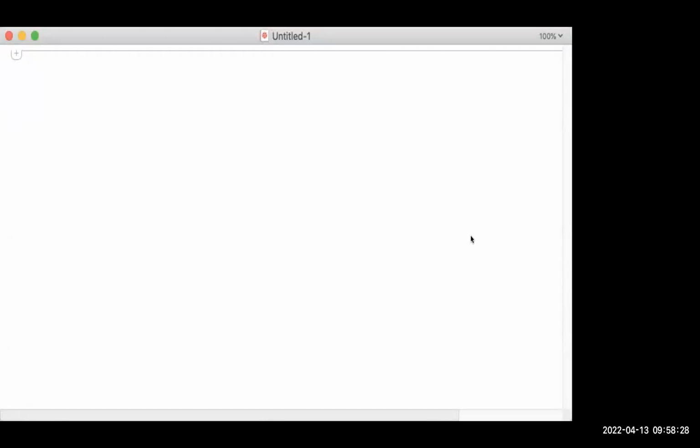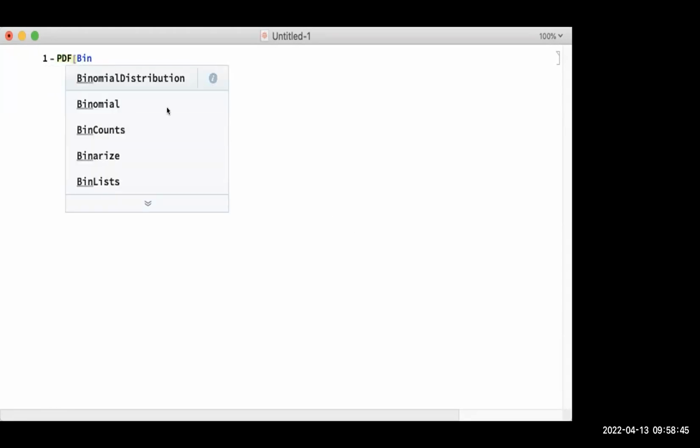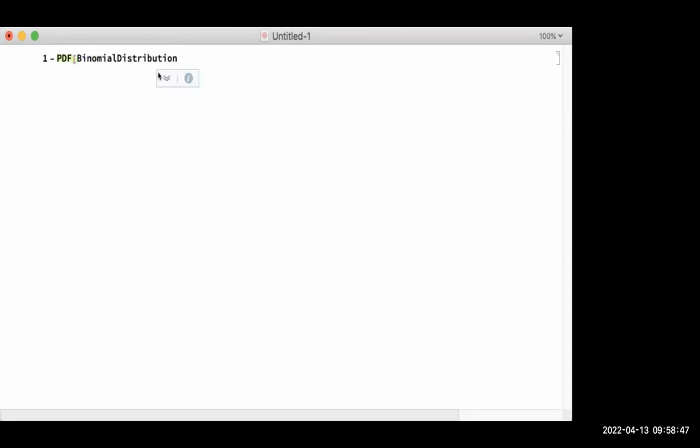So let's use Mathematica. Let me type in the following command. 1 minus the PDF for the binomial distribution with parameters 8, 0.38.